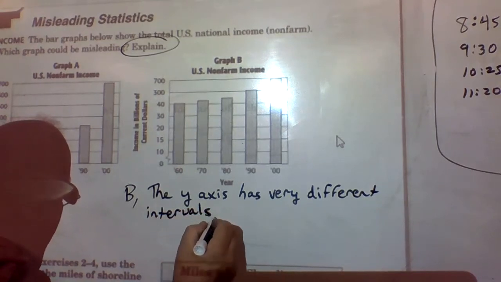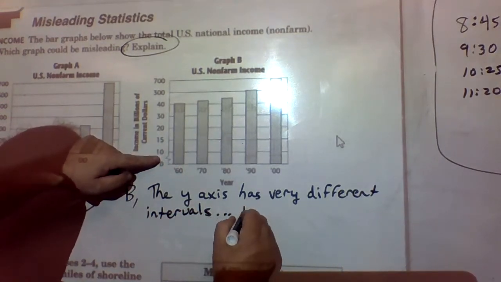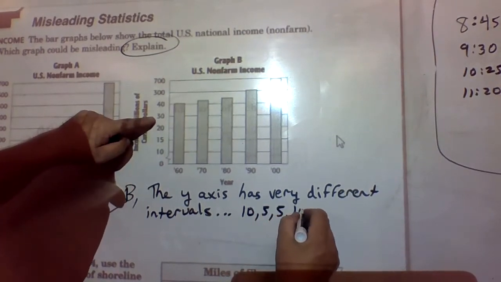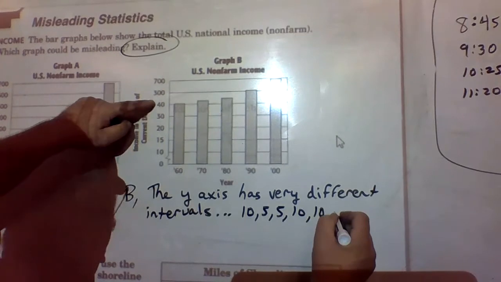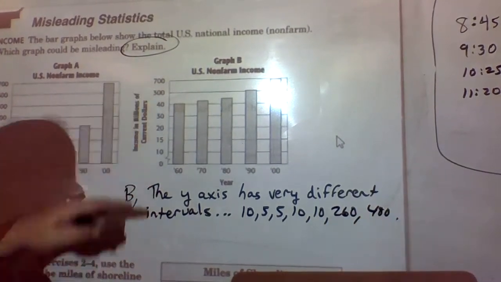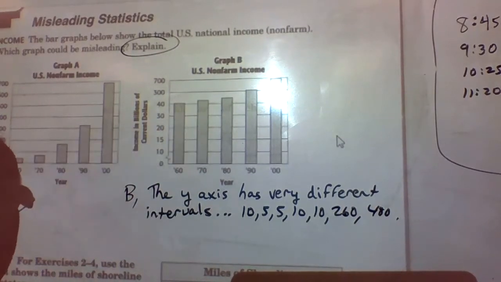And then I'm going to show what those intervals are. I'm going to put 3 dots, and I'm going to go 10, 5, 5, 10, 10, and then it's 260, and then it's 400. And that's my explanation as to why this one's misleading.